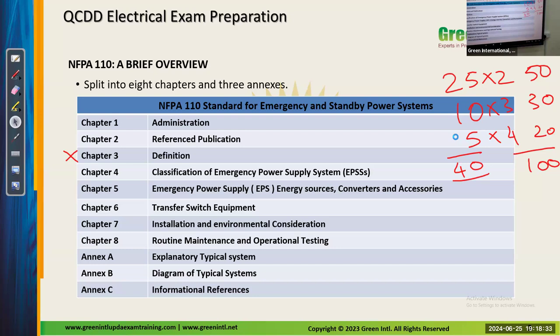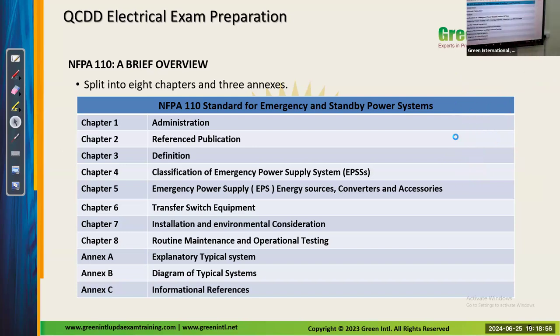So in our exam, as I told in the previous class, we have 40 questions carrying either 2, 3, or 4 marks. In general, we may say 25 questions of 2 marks, 10 of 3 marks, and 5 of 4 marks. By this way, we may derive the 40 questions.